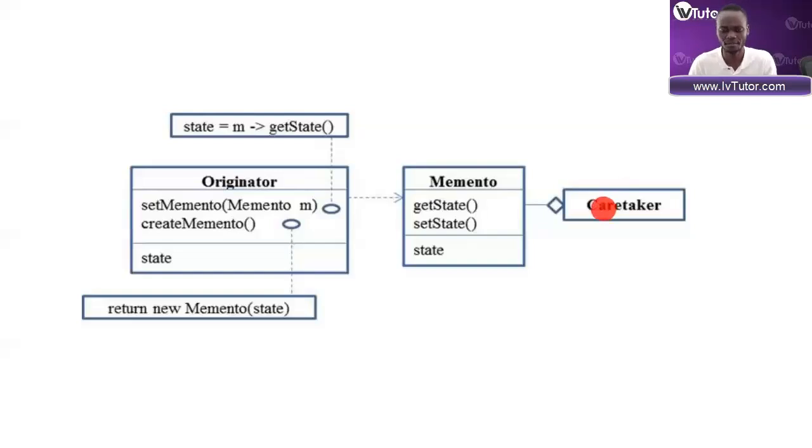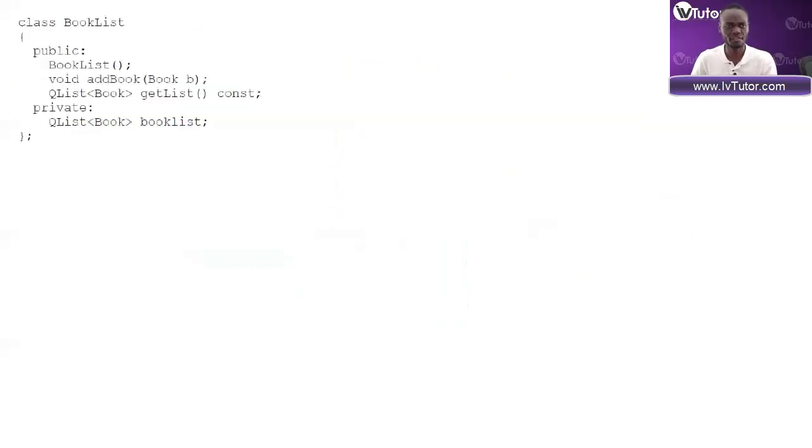And you'll see why. Whenever we talk about the state of a class, basically it means everything under private, because functions don't keep values, they process values. But your data members, which are sitting under private, are the ones that represent your state. So if we look, for example, at the book list class, which we'll use in the next example, the state of the book list class is this thing here, whatever is under private.